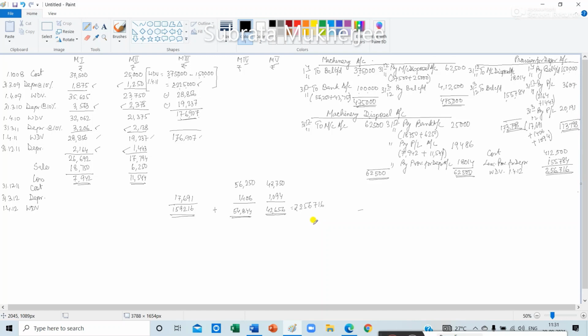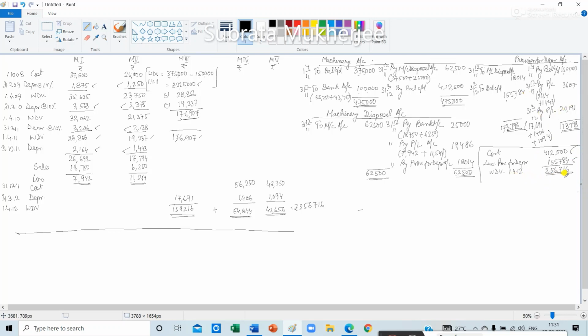This is the entire solution I am showing you in one screen. First is the working that I have prepared for the 5 machines, M1, M2, M3, M4 and M5. Here the machinery account, then the machinery disposal account and the provision for depreciation account. You can cross check whether you have done it correctly or not. The cost of machine on 31st March 2012 is 4,12,500, against which the provision for depreciation stood at 1,55,784.